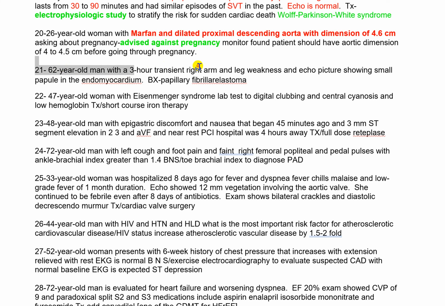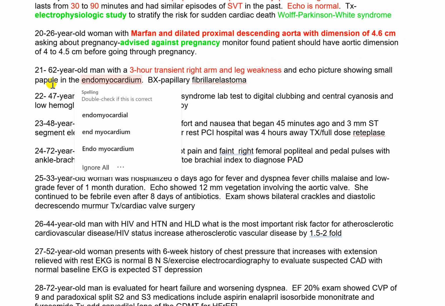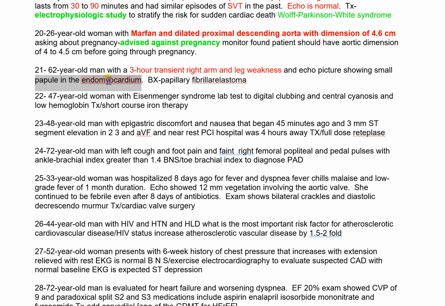So, this is another idea. Someone has 3-hour transient right arm pain and weakness. Okay. So what does that tell you? 3-hour transient arm weakness, okay, you're doing neurology. Possible stroke, right? And then echo shows a papule in the endomyocardium. What is the diagnosis?